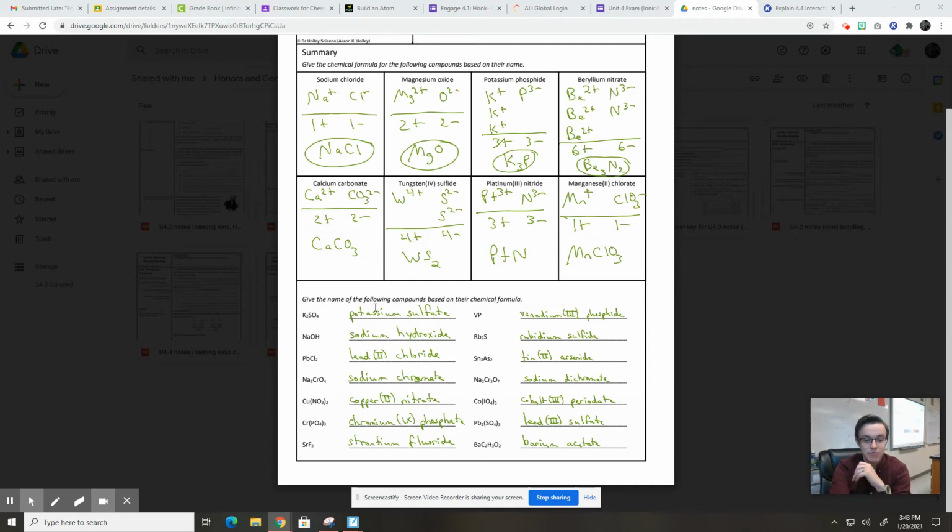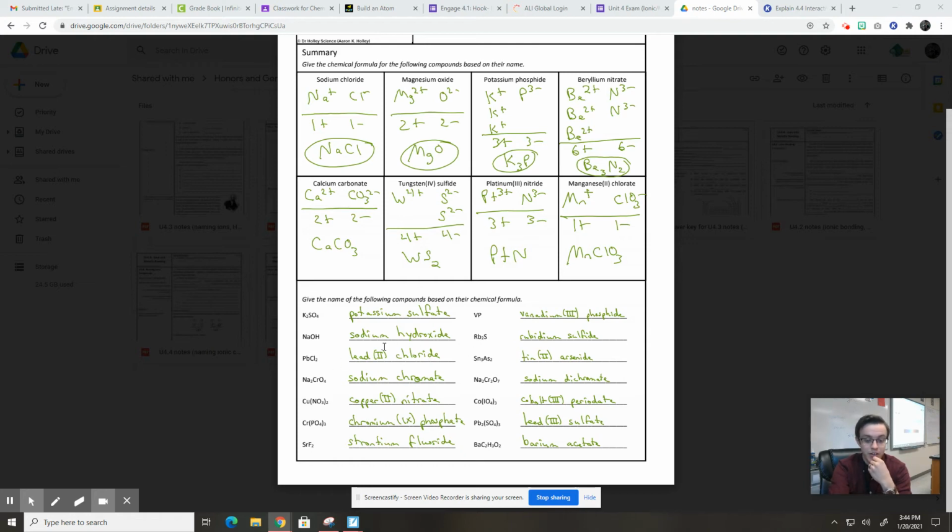Okay, so this first one, K is potassium, SO4 is polyatomic ion, and its name is sulfate. Okay, Na is sodium, OH is hydroxide. Pb is lead. Lead is one of those ions that can have more than one charge, so you're going to need a Roman numeral. Now, I'm going to walk you through how to find that Roman numeral. Chloride is Cl.